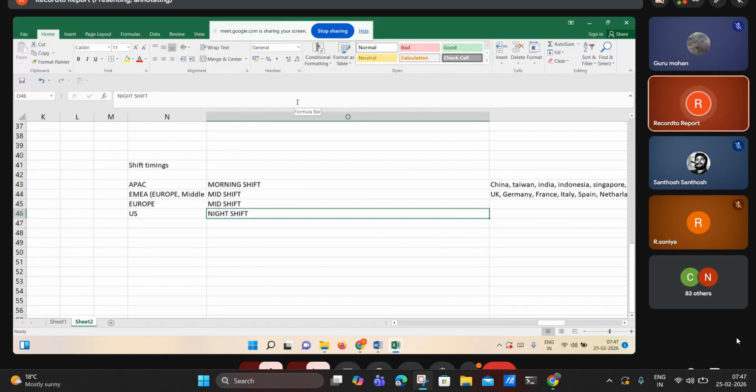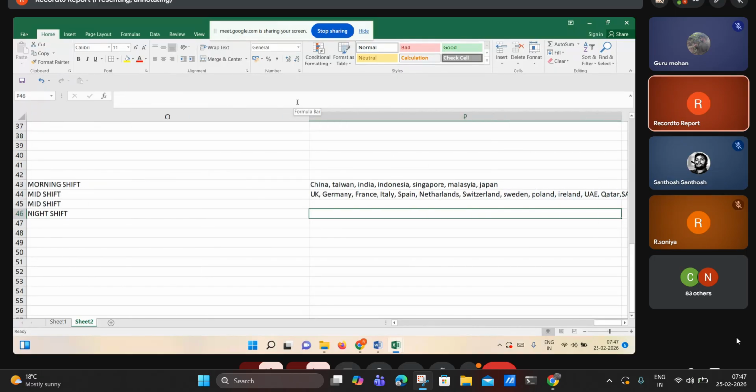So when it comes to the US, the US is nothing but the United States of America. So we have various states in the US, like California, Texas, New York, Georgia, Washington, Florida, okay.